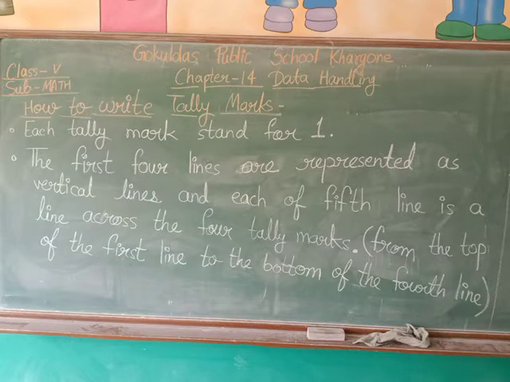The next point is the first 4 lines are represented as vertical lines, and each fifth line is a line across the 4 tally marks. It means the fifth line will be a diagonal line, drawn from the top of the first line to the bottom of the fourth line. Understand?